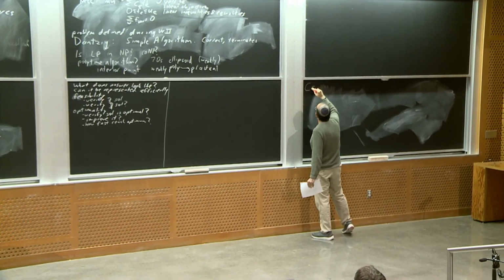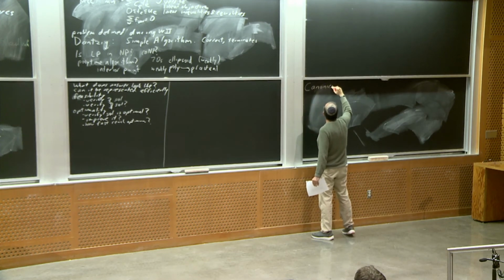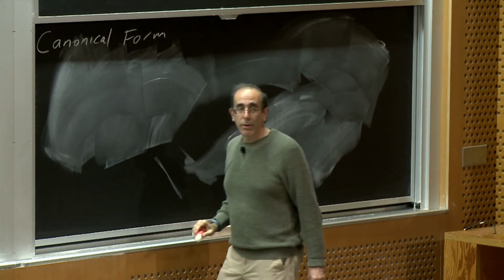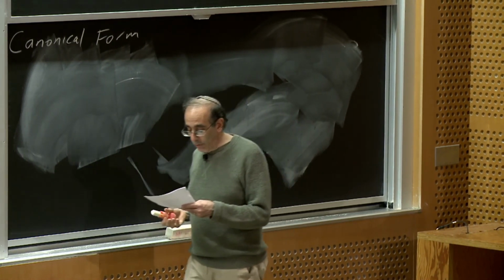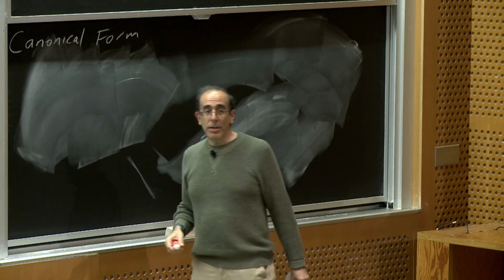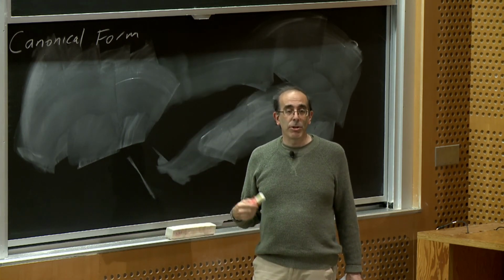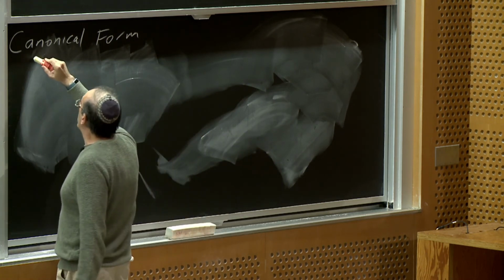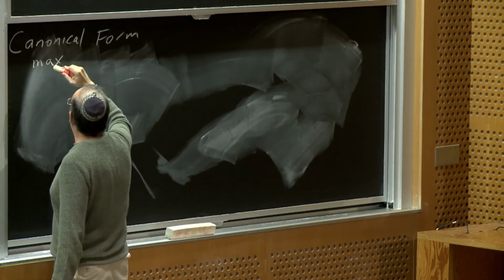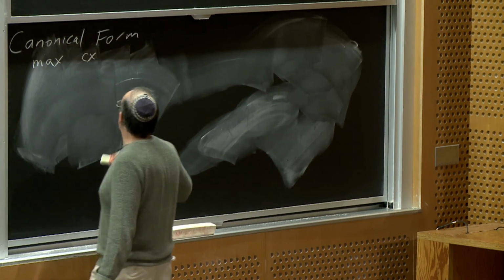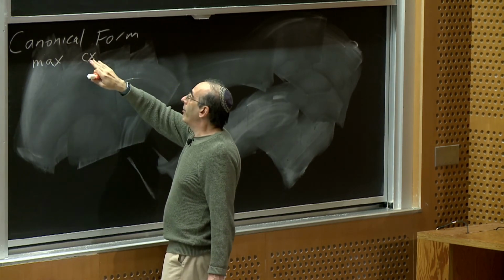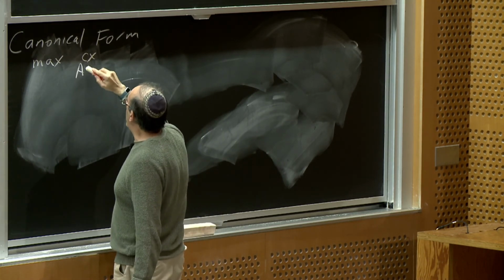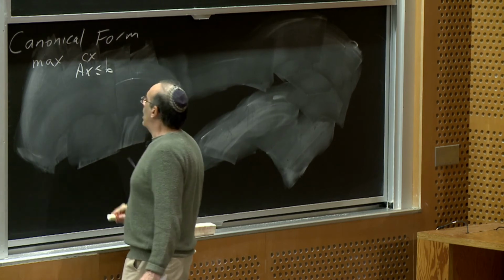So as I said, a linear program is any old objective function and any collection of linear equalities and inequalities over the variables. But it turns out that every linear programming problem can be transformed into what is known as canonical form, which is to write it as a maximization problem where x is your variables and c is a bunch of coefficients. And the only constraints you have are upper bounds.